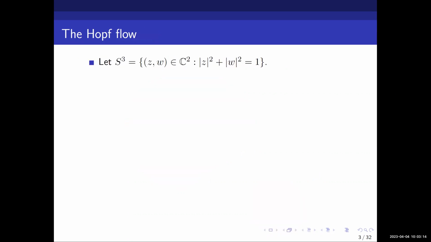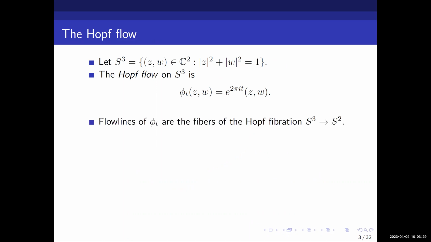These circles actually come from the orbits of a flow. The Hopf flow, if you think of the three-sphere as in complex two-space, has orbits that are the fibers of this fibration. Since the fibers are all circles, that means that every orbit is closed, right?